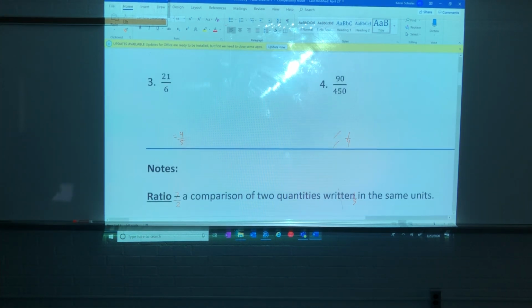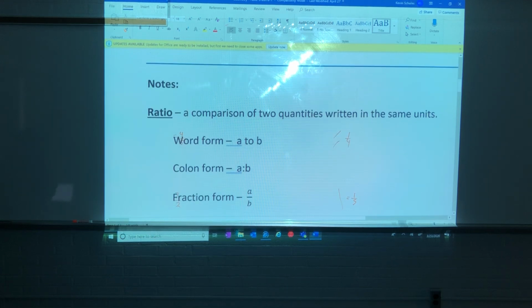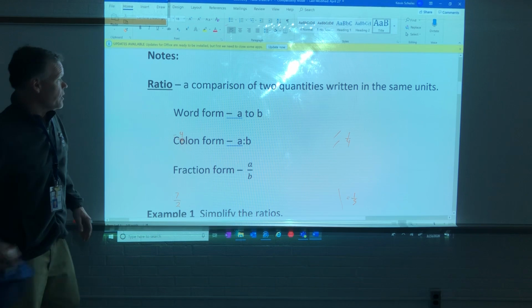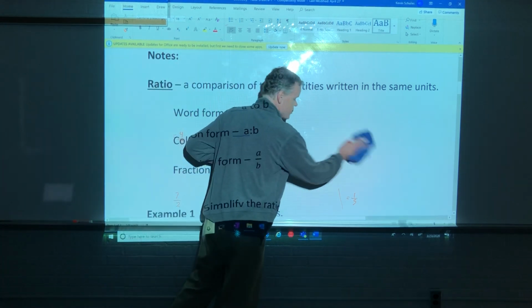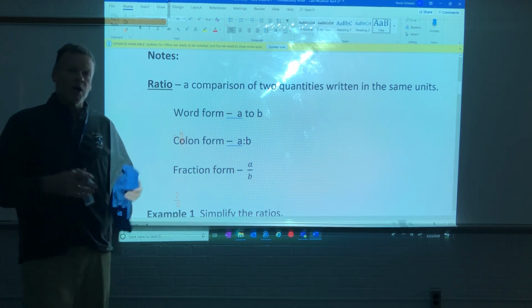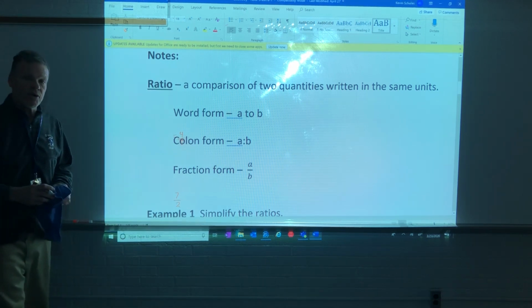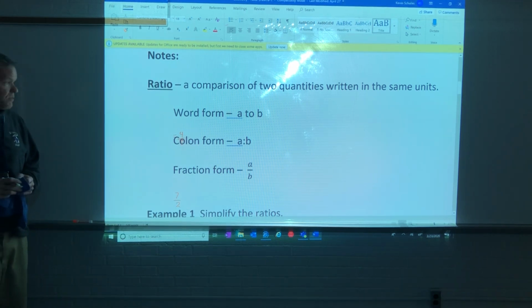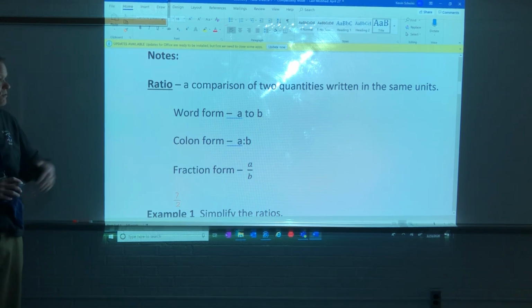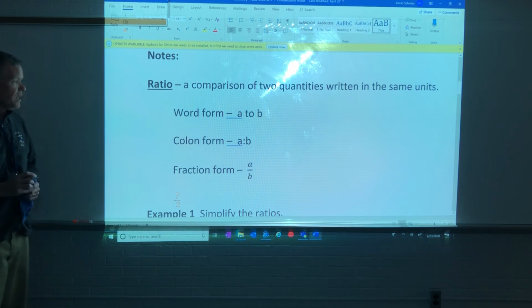As we move down here, a couple definitions. Ratio is just going to be a comparison of two quantities written in the same units, and you're going to see how when we get to some of these problems, you're going to reduce everything to the smaller unit of measurement. A lot easier way to do that. You avoid having some decimals. And these are the different forms you're going to see.